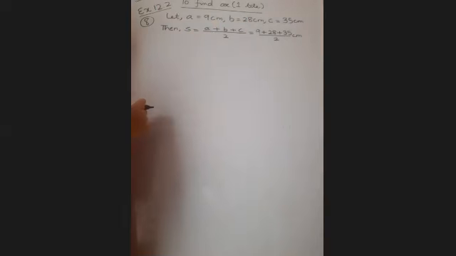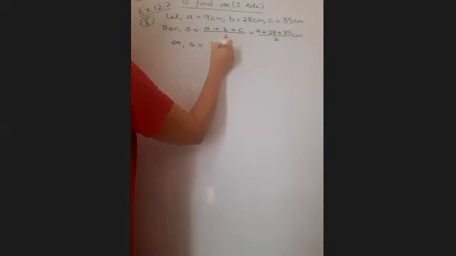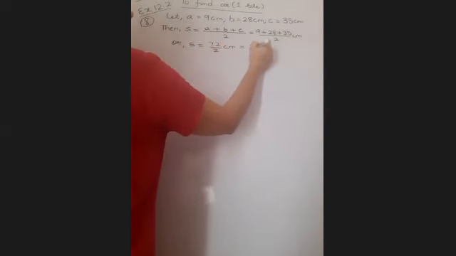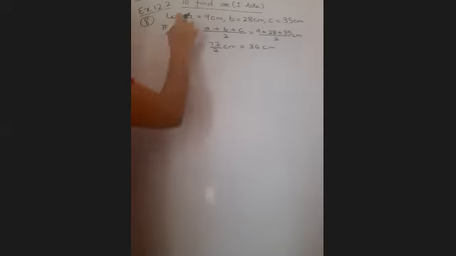What is 9 plus 28 plus 35? 72. So s is 72 by 2, which is 36 centimeters.